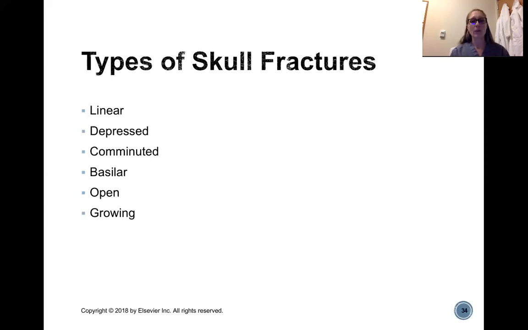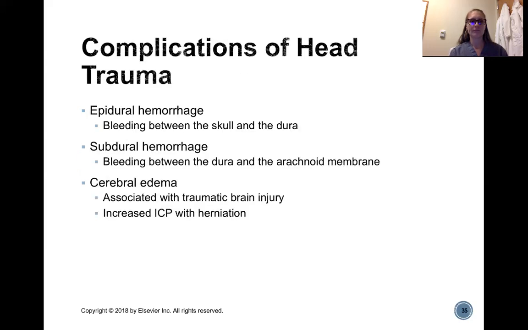And then a growing fracture is when we have a dura tear that doesn't heal, and that's considered a growing fracture. Usually it occurs before 3 years. So this is just a list of some of the complications of head trauma. And we can look here.